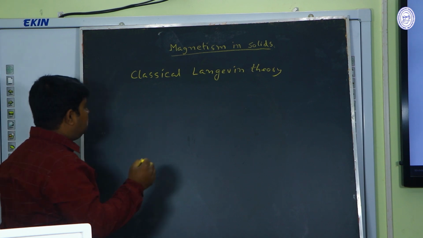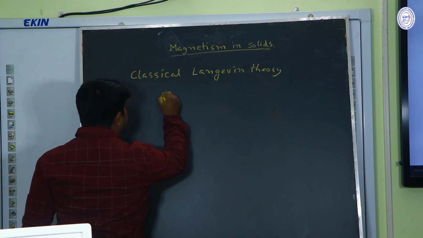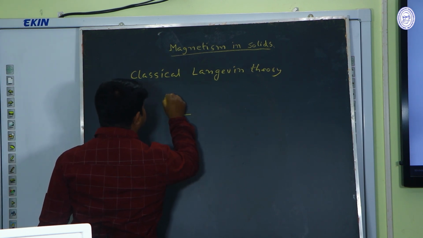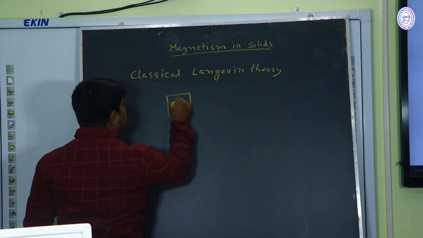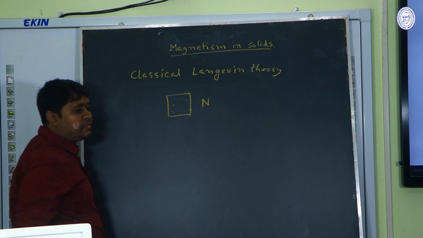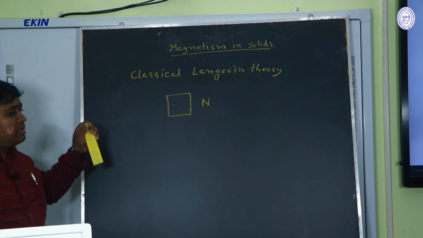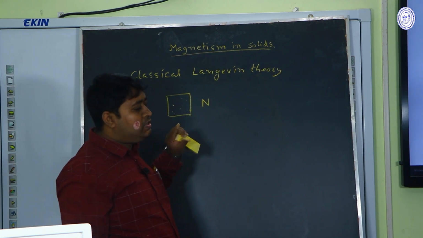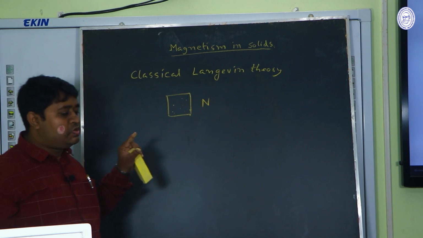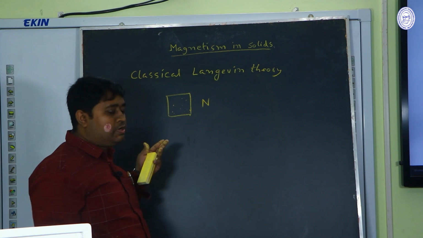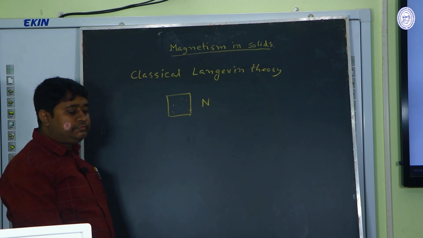Langevin considered that a paramagnetic gas consists of n number of atoms, and these atoms or molecules rotate freely, that is, the interaction between two atoms or molecules or dipoles is negligible.